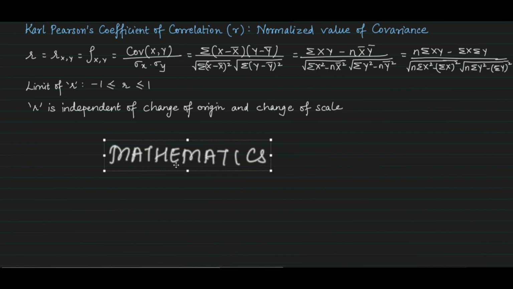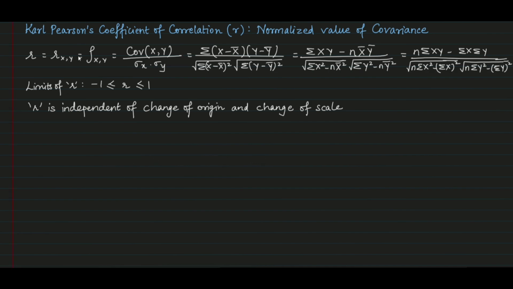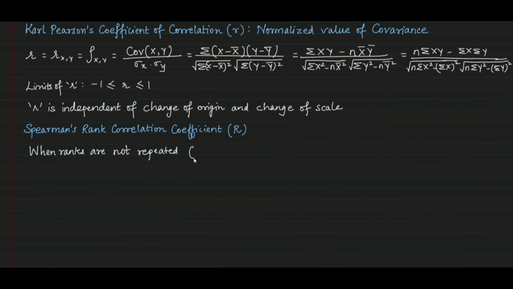We'll illustrate this by an example. Spearman's rank correlation coefficient is denoted by capital R. When ranks are not repeated, we know that the correction factor is equal to 0.